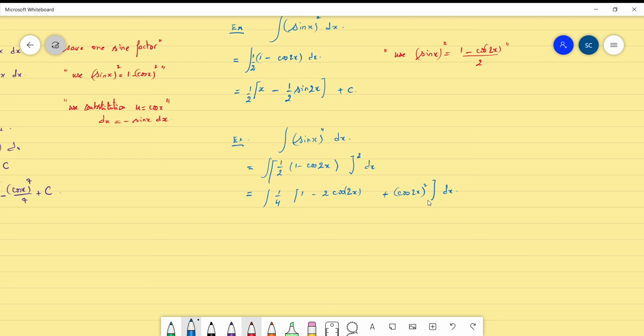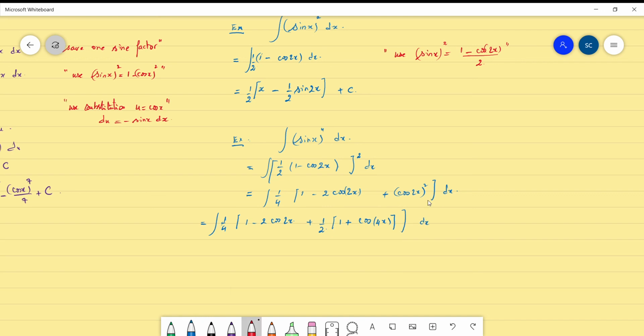We will use linearization again here. So I will have 1 over 4 of 1 minus 2 cosine 2x plus, here, the linearization of cosine of an angle squared, which is 1 plus cosine of double the angle, which gives me 4x, dx.